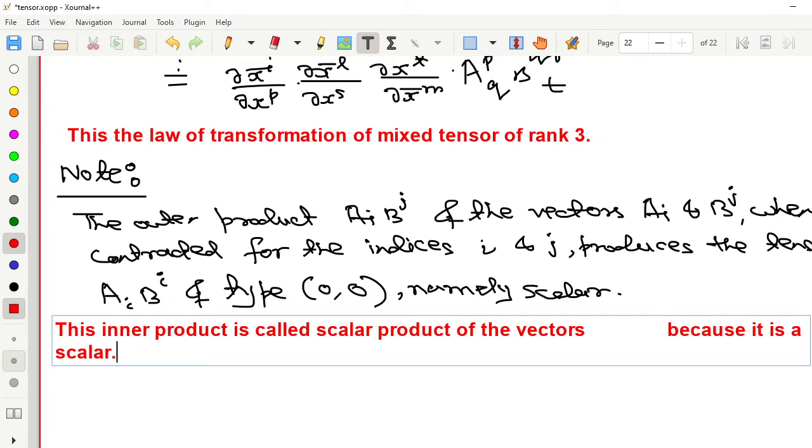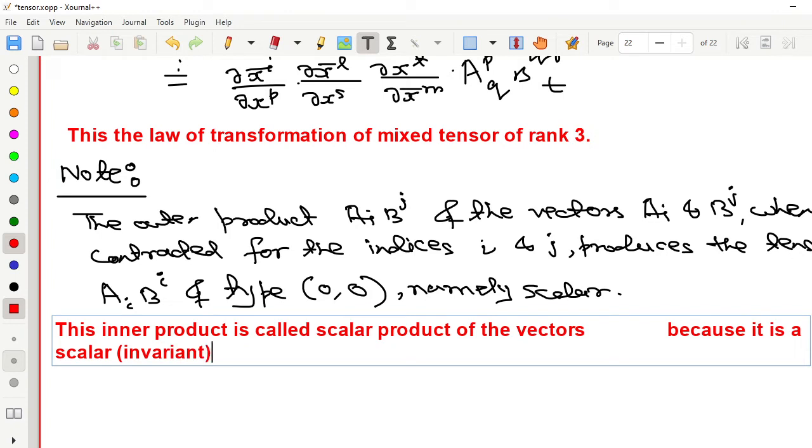A tensor of rank 0 is a scalar. That is why the inner product of the type AI BI is known as a scalar product, or invariant.